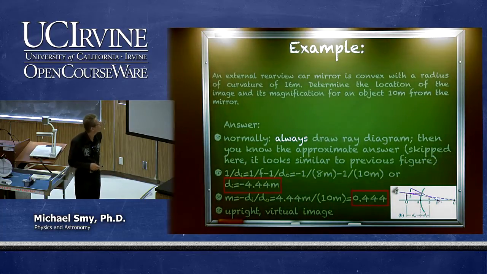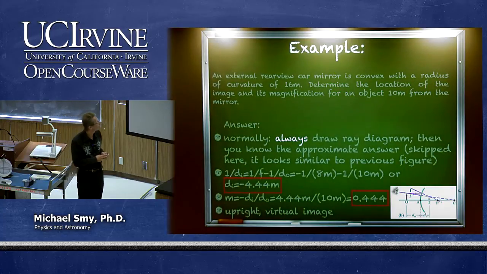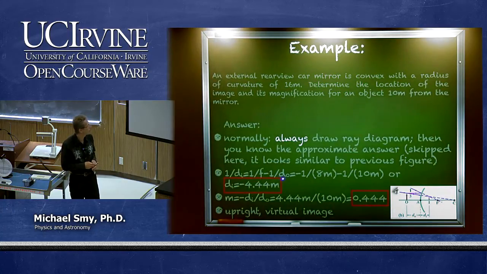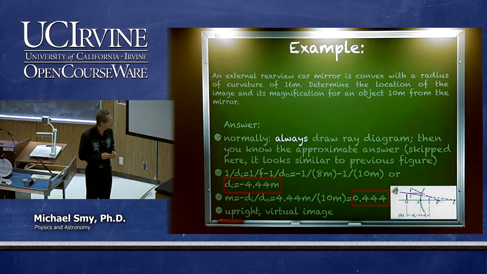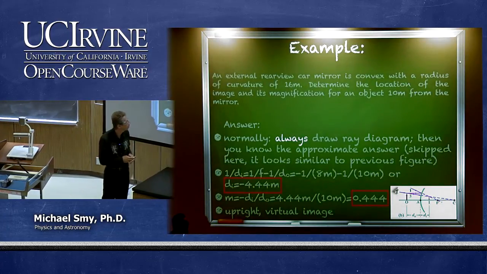So in this case, we dispense with the exact ray diagram, and we move directly to the equation. And we again solve for 1 over the image distance, which is 1 over the focal distance minus 1 over the object distance. And since it's a 16-meter curvature mirror, that means that the focal distance is minus 8 meters.